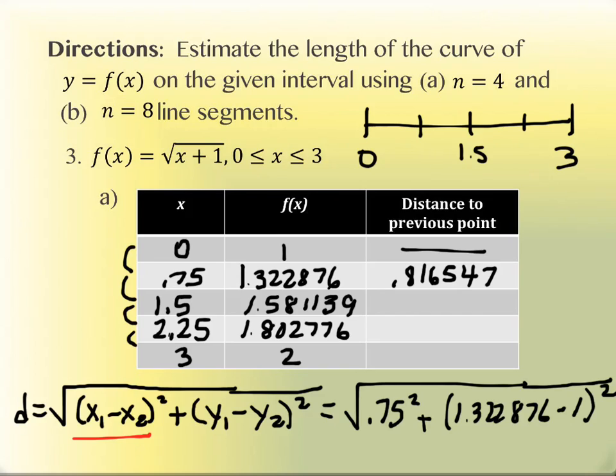All right, so as we go to the next value, what needs to change here in this formula? Well, I actually don't need this number 1, do I? What number do I need instead? Right, I need that 1.581139. And again, because the subtraction order doesn't matter, I can simply replace that 1 with that 1.5.